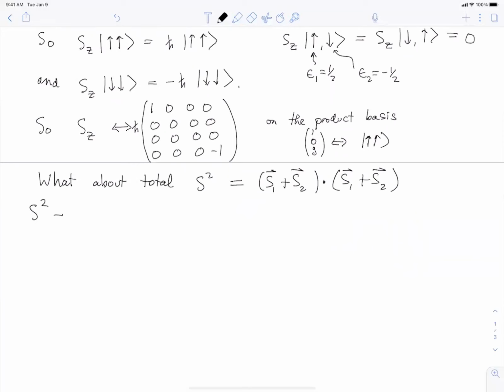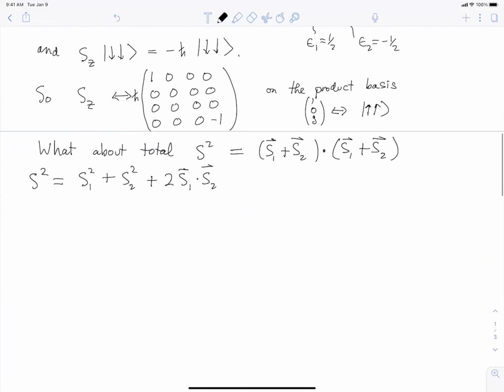S squared is, there's an S1 squared term and an S2 squared term, and then there's the cross terms, 2 S1 dot S2. Okay, and S1 squared is a fixed number. It's 3/4 h bar squared because it's s times s plus 1 times h bar squared. S2 squared is also a fixed number.